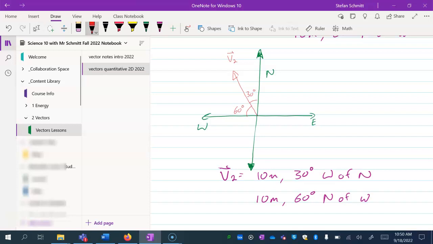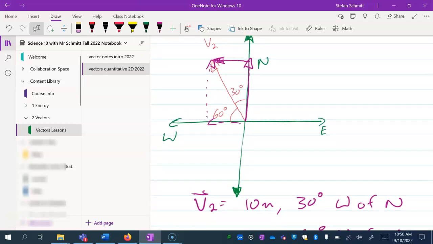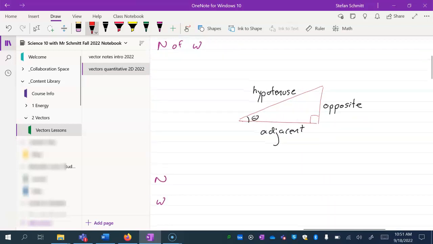Let us find the components of this vector which point in the east direction and in the north direction. You could draw them there, or if you like, you could draw them over here. Doesn't matter. So how are we going to do that? Well, notice we have a right angle triangle here, and that's how we're going to solve this.